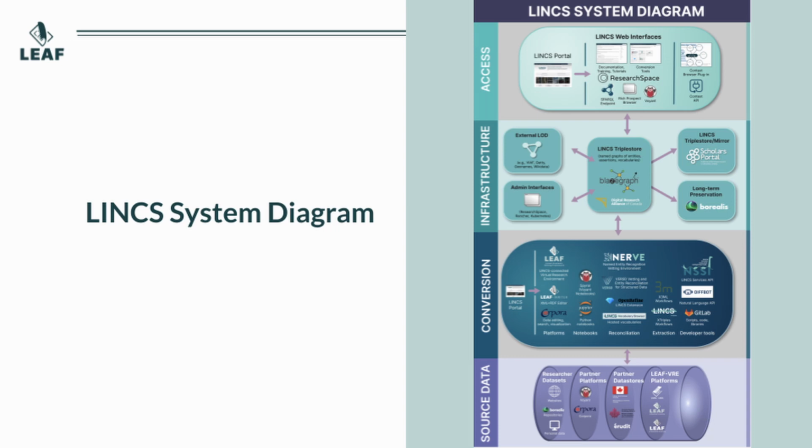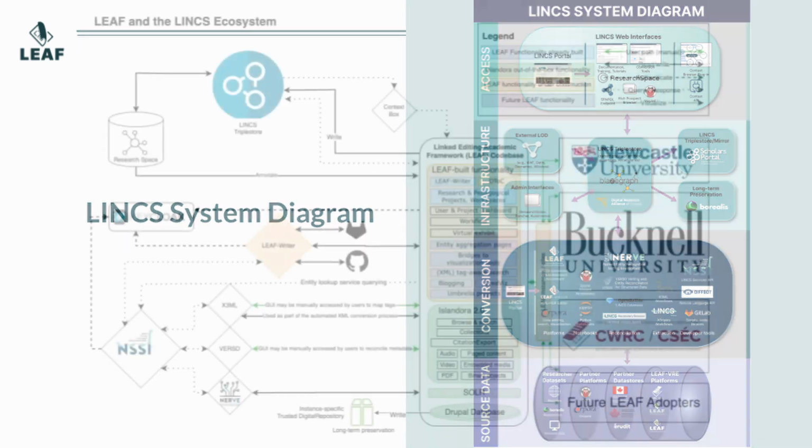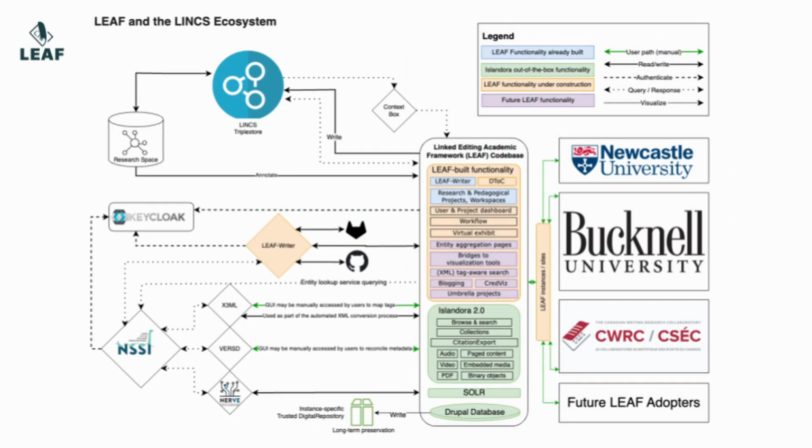Thank you. So this complicated diagram here becomes even more complicated when we look at the way we envision the interaction between LINCS and LEAF. We envision this interaction happening at different moments and at different stages in the editorial processes that LEAF supports.